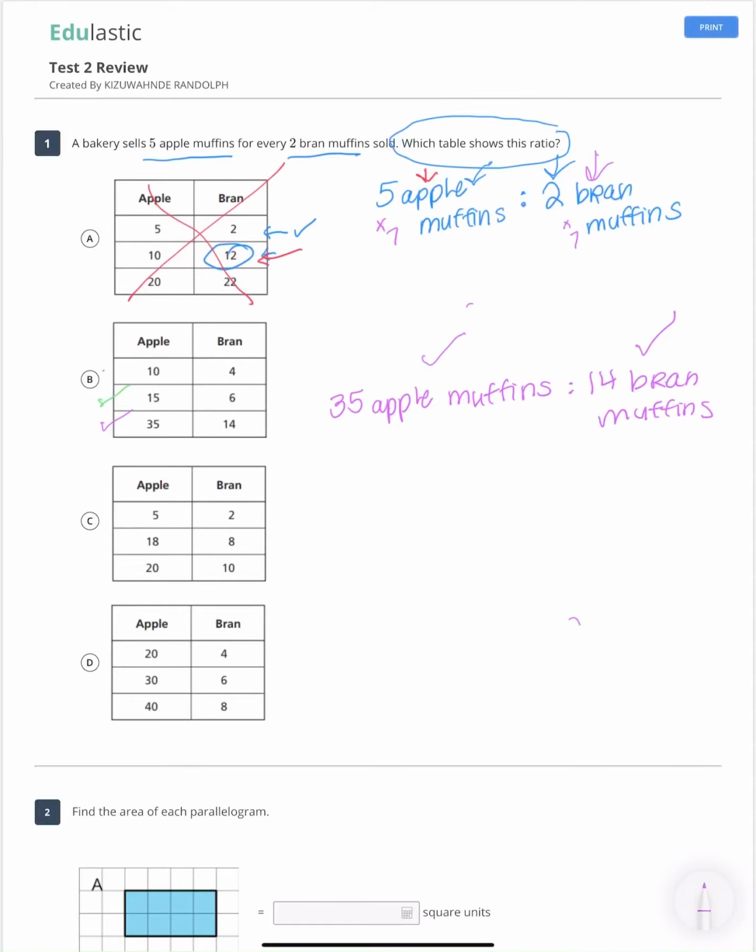So if all 3 rows model the equivalent ratio, that means that this is the correct table. Now, being that this is a multiple choice question, I don't necessarily have to check the other answers to see if they could be correct or not, since I checked my work for this one. You can if you want to, but we checked it, we took our time, and all the ratios in this table are equivalent to 5 to 2.